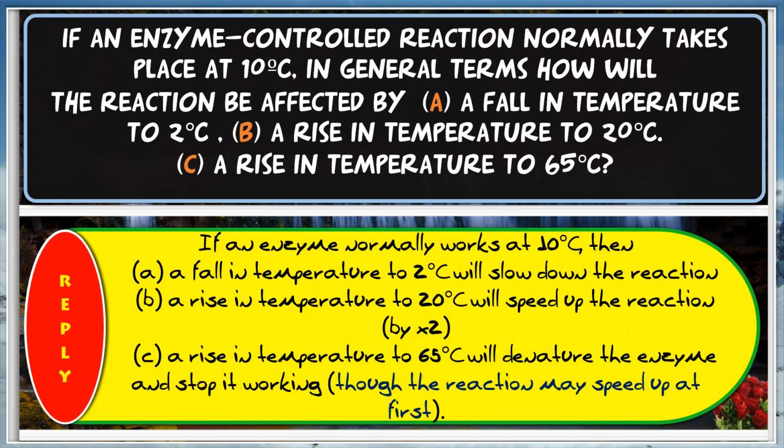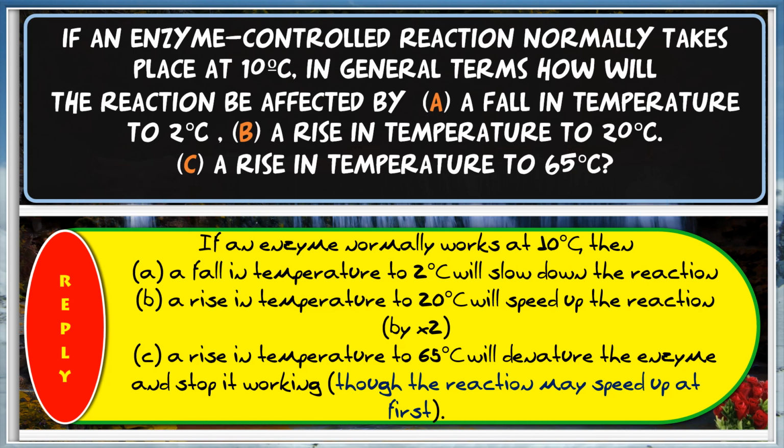If an enzyme normally works at 10 degrees Celsius, then a fall in temperature to 2 degrees Celsius will slow down the reaction. Then part B, a rise in temperature to 20 degrees Celsius will speed up the reaction by 2 times.